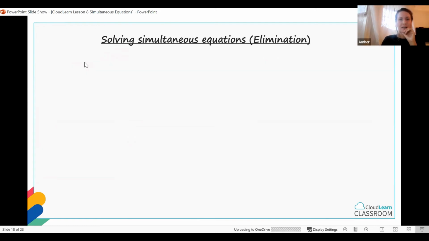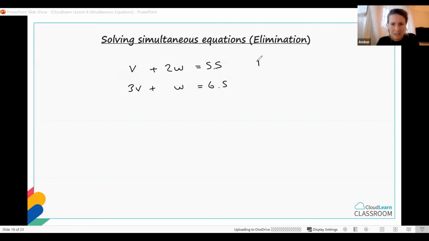If I remember rightly, the 2 equations were 1v plus 2w equals 5.5, and 3v plus 1w, something like that. Anyway, it might have been slightly different. These were my equations that I called 1 and 2.